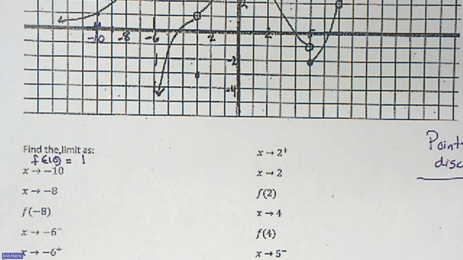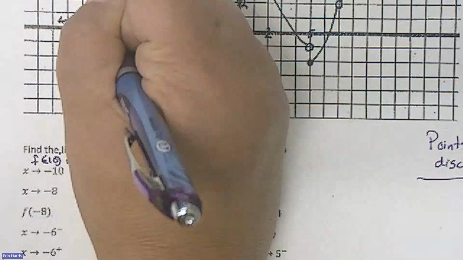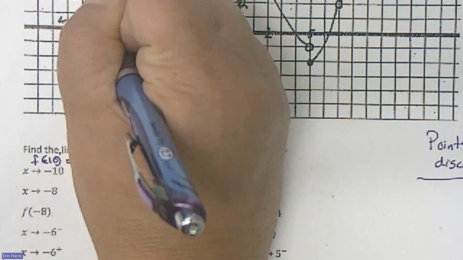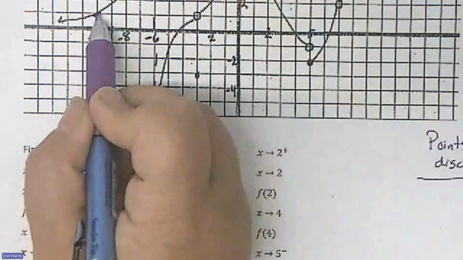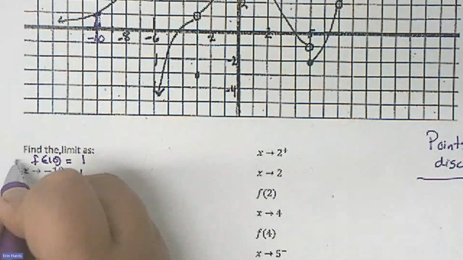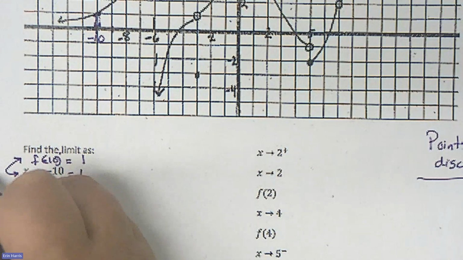What would the limit be? So my guy's standing right here, and they see functional values close to, well, what y value is right here? That's 1, right? So notice here, the limit and the functional value are the same.